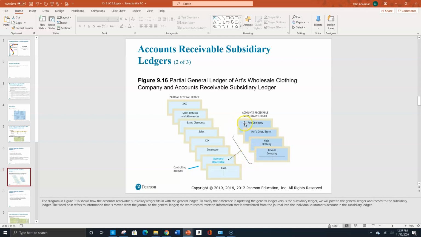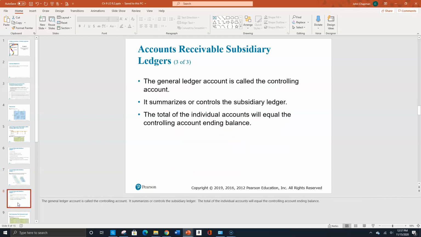So we would have one account for Row Company that would show the balance they owe us, Mel's Department to show how much they owe us, Hal's Clothing, and then Bevan's Company. So you'd actually be recording it kind of twice so that you have the detail of this account in your subsidiary ledger. Okay, the general ledger account is called the controlling account. It summarizes or controls the subsidiary ledger. The total of the individual accounts will equal the controlling account ending balance.